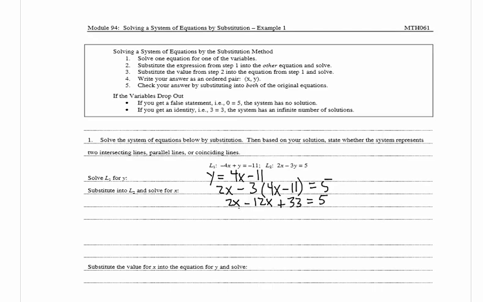Now I'm going to combine my terms with the x variable on the left-hand side, and subtract 33 from both sides, so I get negative 10x is equal to 5 minus 33, which is negative 28. Now we're going to divide both sides by negative 10, so x is equal to 28 over 10, which we can simplify to 14 over 5.